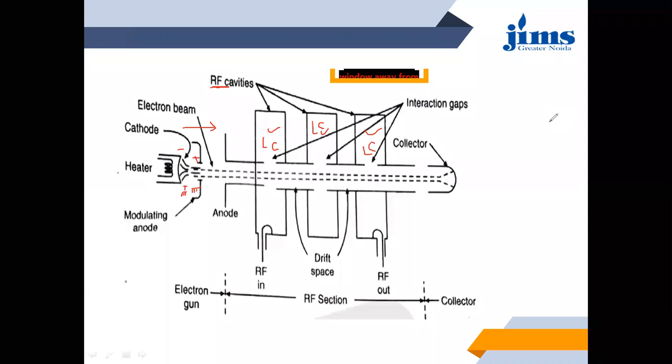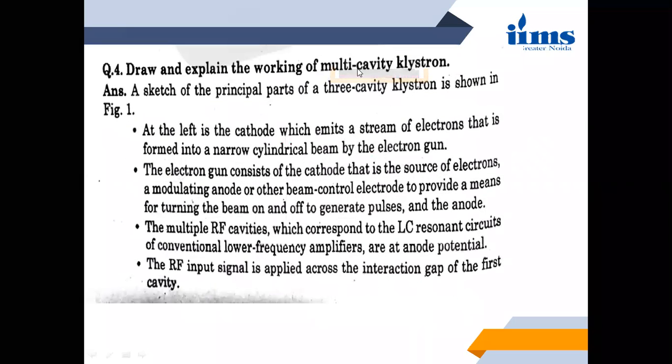Yes, ma'am, it is clear. Okay. So I'll show you the explanation, and along with that, I'll explain it so that it is much more convenient for you to understand the concept. Okay, so it is written here, just a second.